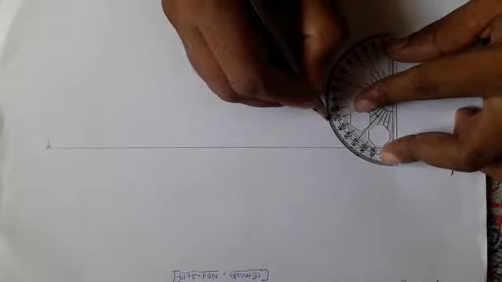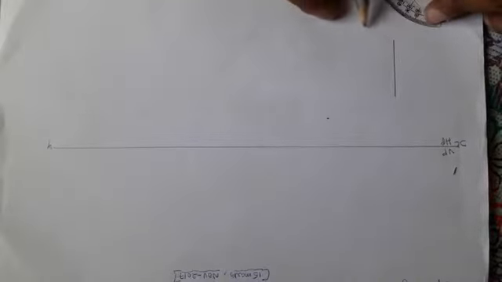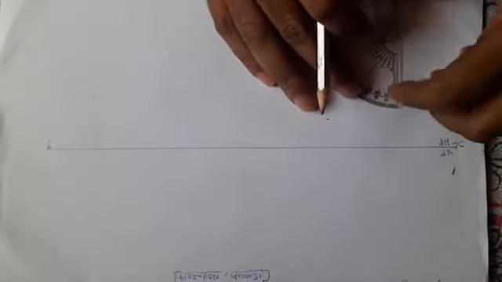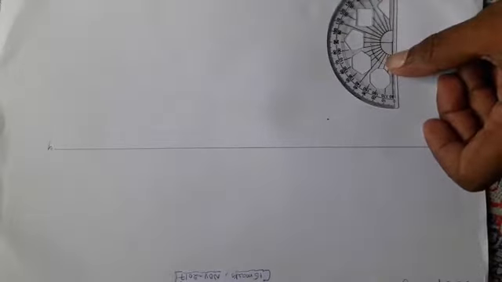So this is 72 degrees from this point, and similarly from this point I am going to make an angle of 72 degrees.